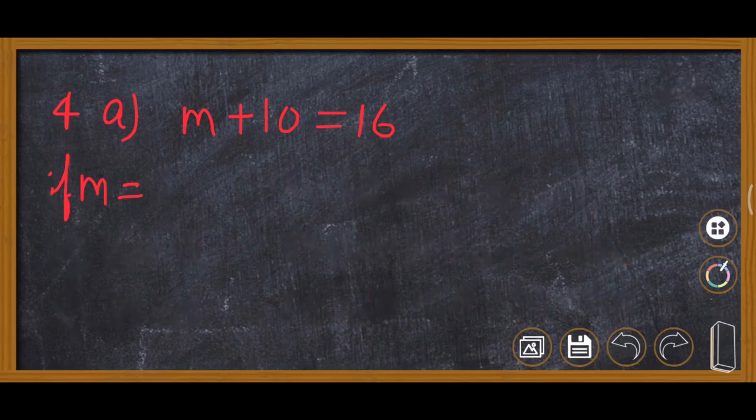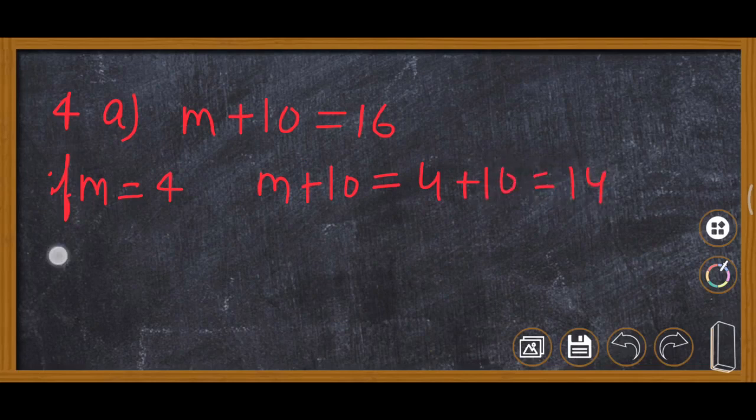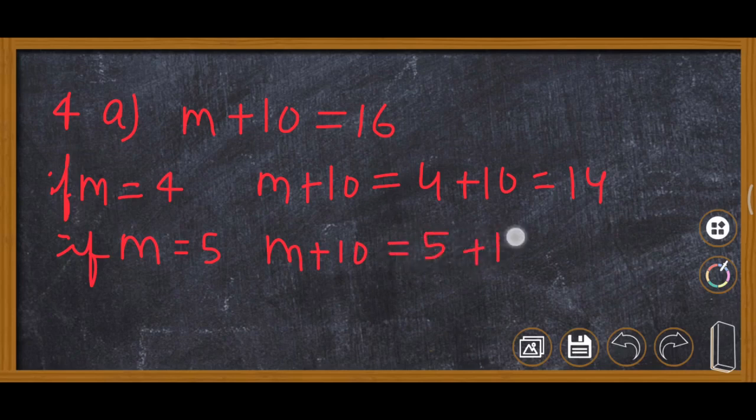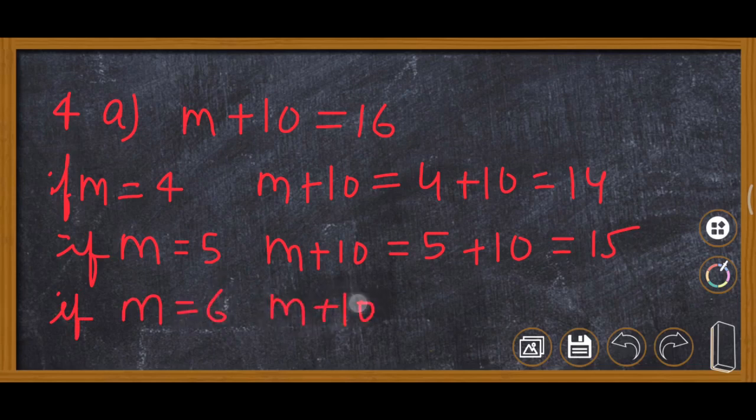If m equals 4, then m plus 10 is 4 plus 10, which is 14. If m equals 5, then m plus 10 is 5 plus 10, which is 15. If m equals 6, then m plus 10 is 6 plus 10, which is 16.